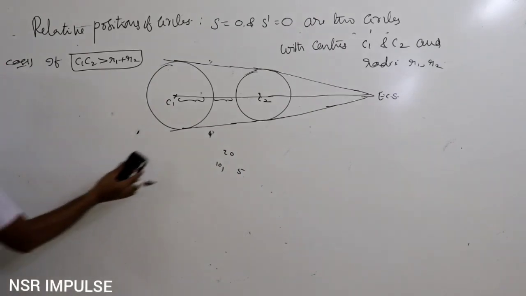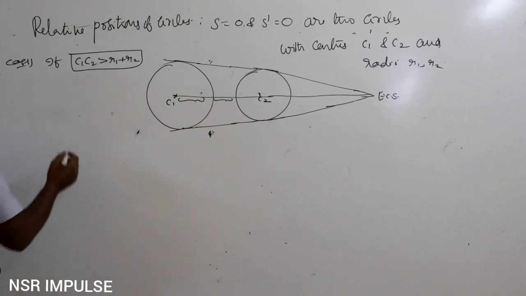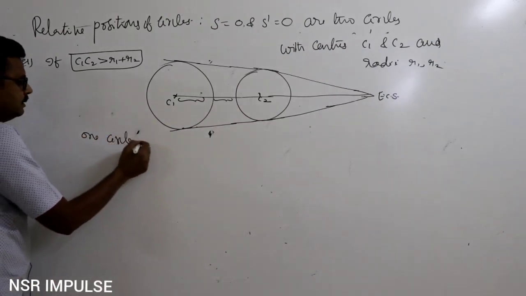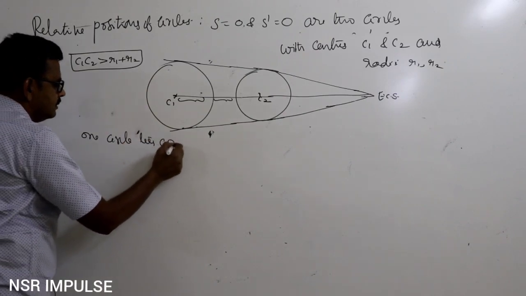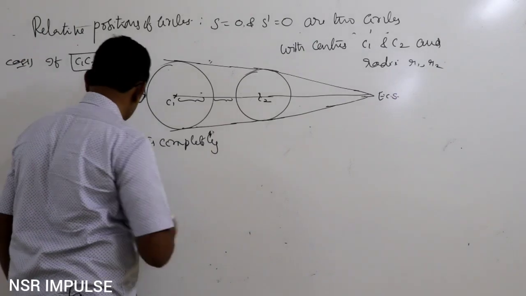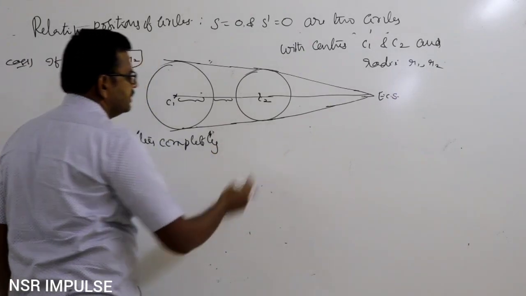If C1 C2 is greater than R1 plus R2, in this case one circle lies completely outside the other circle.